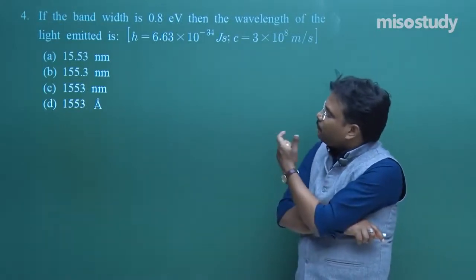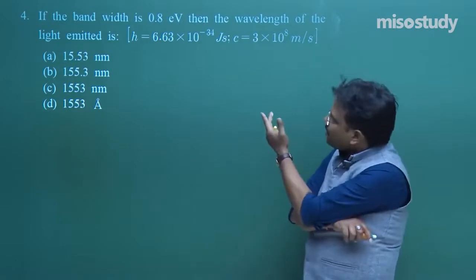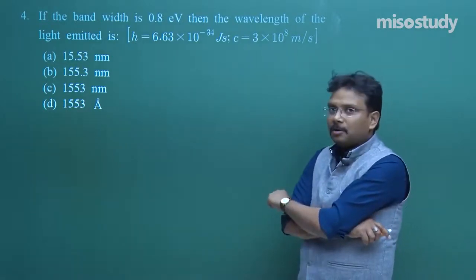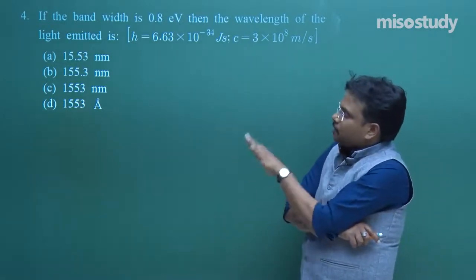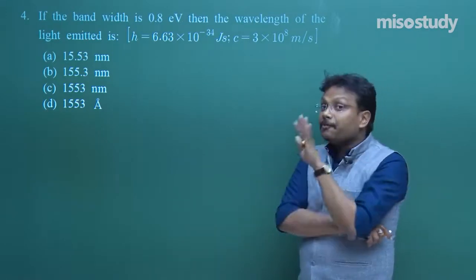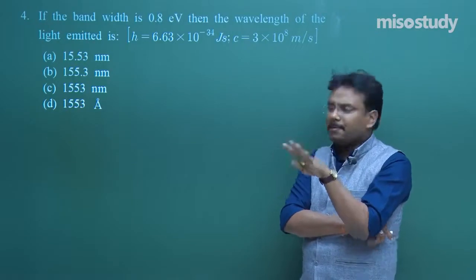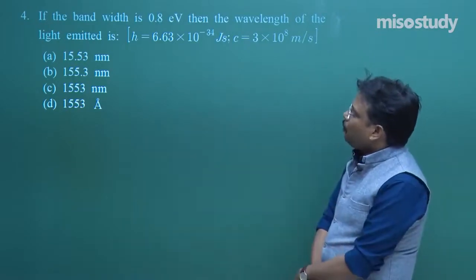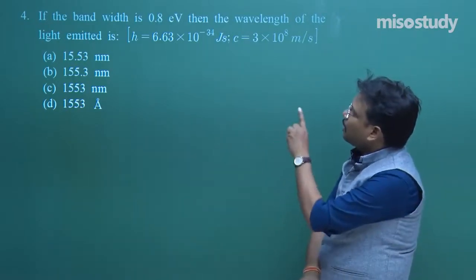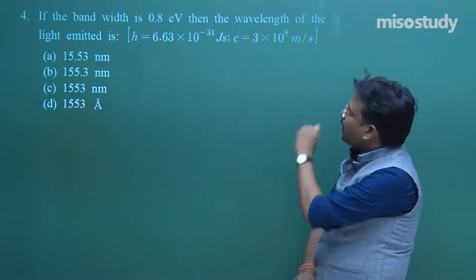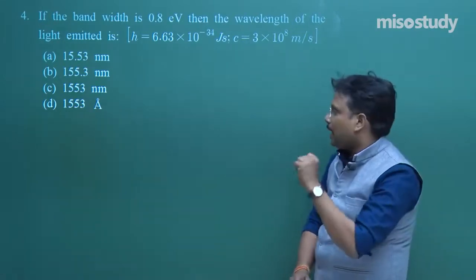If you just start looking at this question from the point of view of your photoelectric effect concepts, you can easily find out, okay, they are in a process to find out the wavelength, that is good.